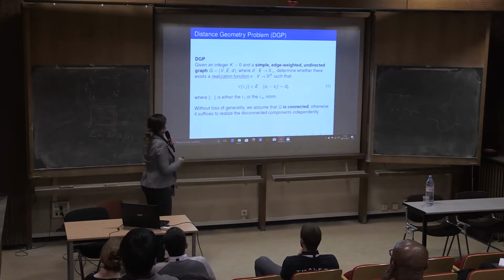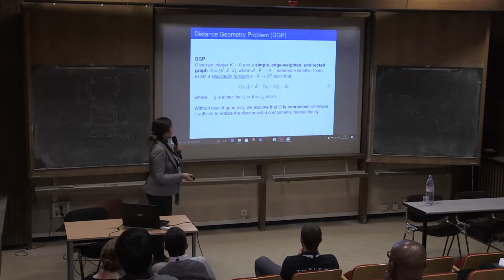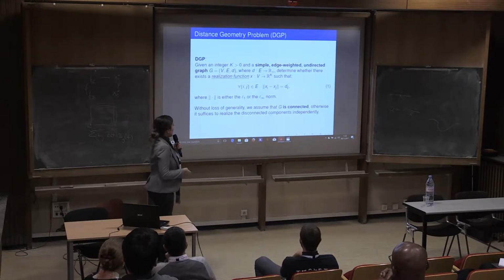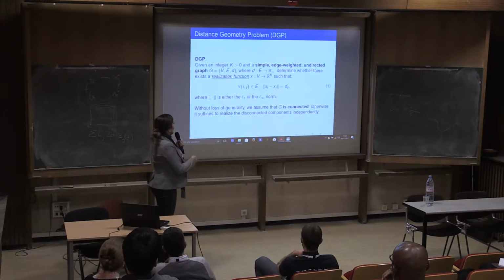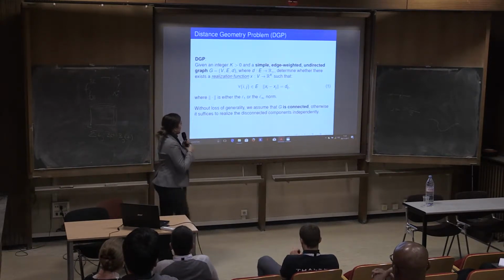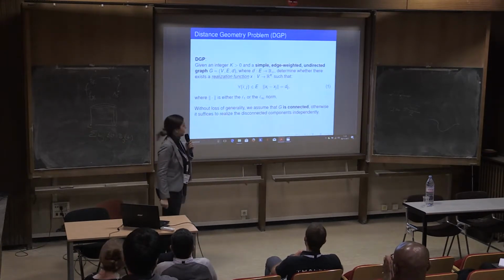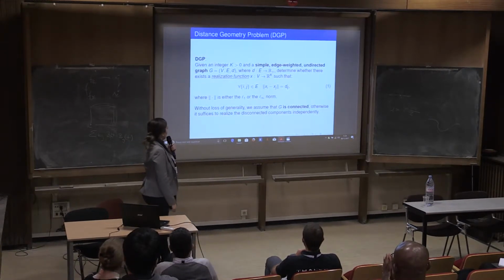Then we're given a graph composed, as in Antonio's talk, of a set of vertices, a set of edges, and we use D for the weight on the edges instead of delta. What we want to find is a realization function x that satisfies this set of constraints, one per edge.